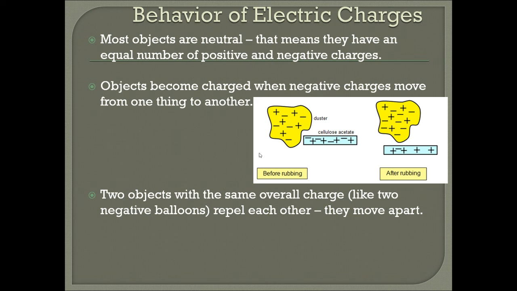Why? Because it lost negative charges. So if I now put that balloon next to the hair, the hair will stick or attract to the balloon because those two objects are now oppositely charged. Okay? So two objects with the same overall charge, which are likes, will repel each other, and two oppositely charged objects will attract one another.